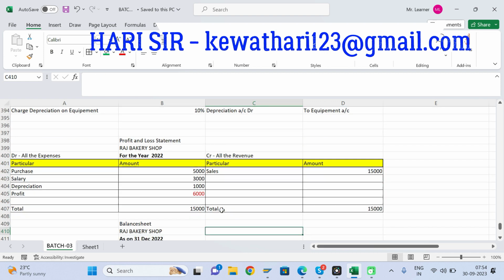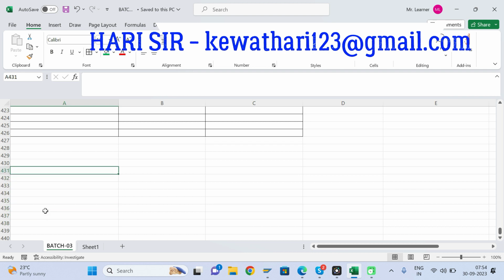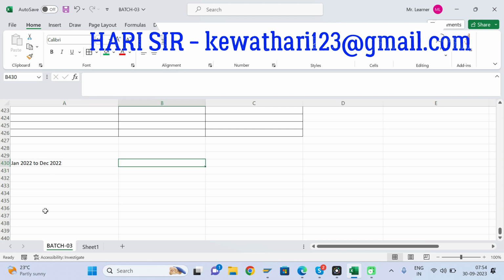Okay, so let me remove this trial balance. Otherwise, let me come here. So when Raj Bakery decided that they will go live, they'll decide some date. Let's say from January 2022 to December 2022, they were in the Tally.